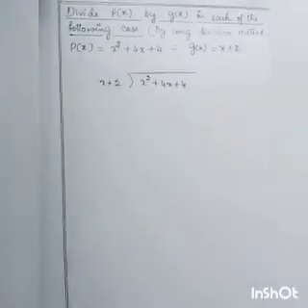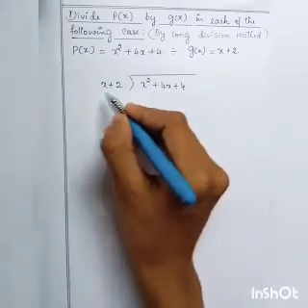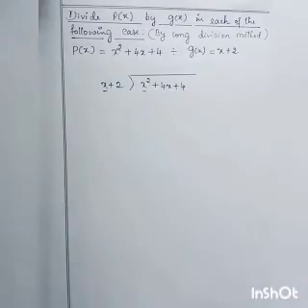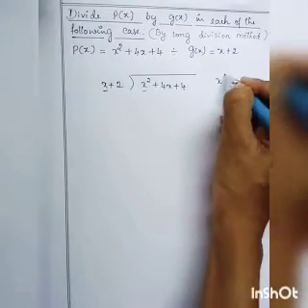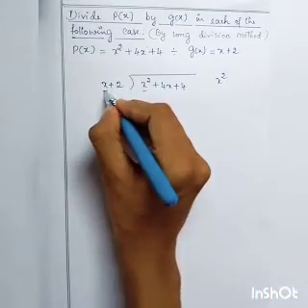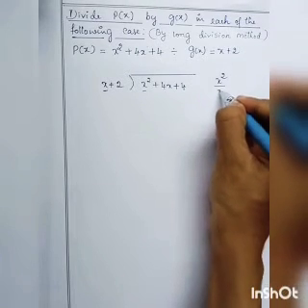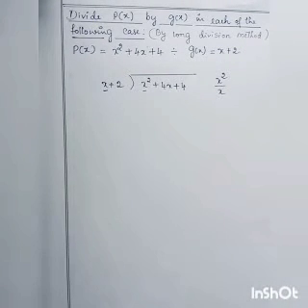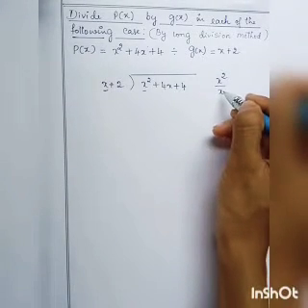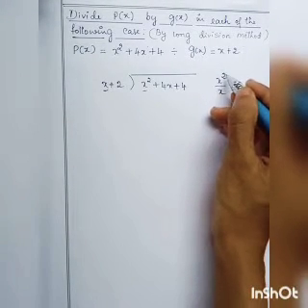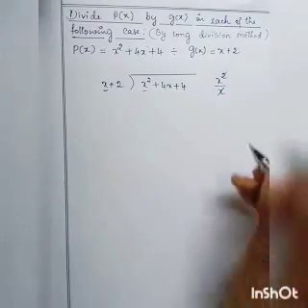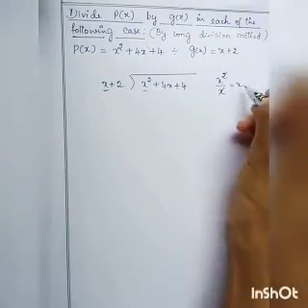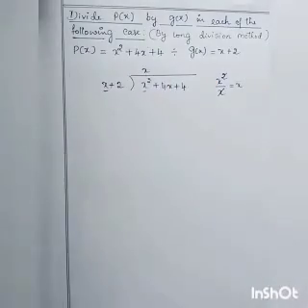We check the first term of the dividend and the first term of the divisor. The first term of the dividend is x square, correct? And the first term of the divisor is x. So x to the power 2 divided by x to the power 1: one x and one x get cancelled. What is remaining here? x. This x we write here.